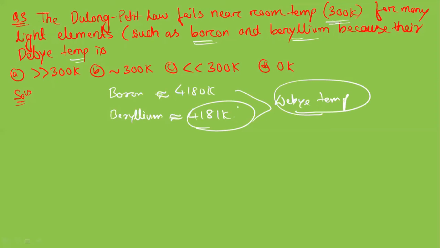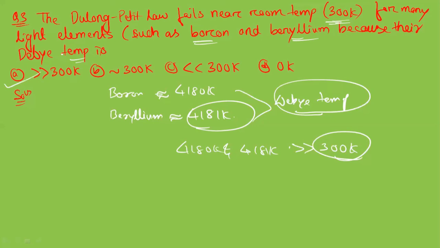So this is the reason that the Dulong-Petit law fails for light elements such as boron and beryllium. Why? Because these are very much greater than 300 Kelvin. Clear? So your answer is option A.